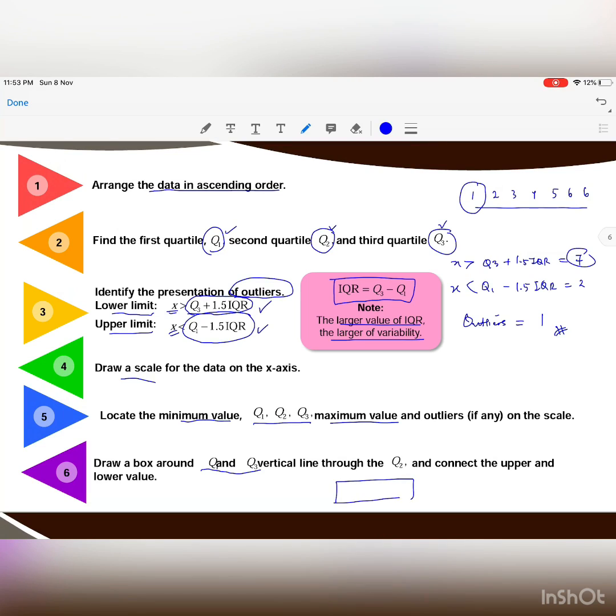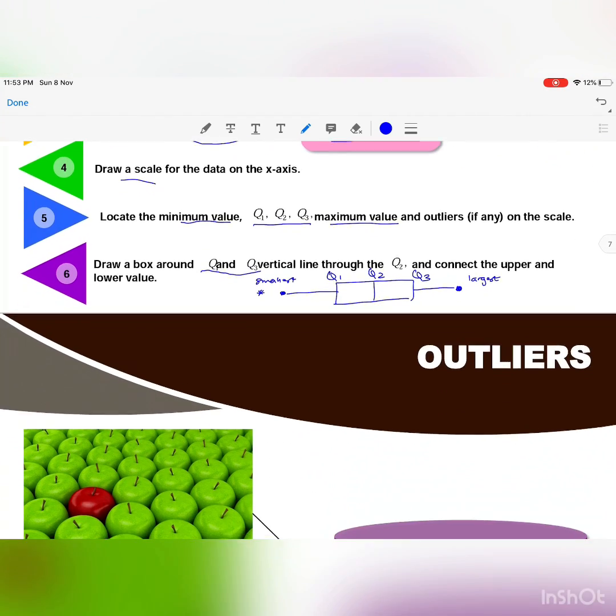As I mentioned before, the box is only from Q1 until Q3, and in between Q1 and Q3 is Q2. So we have the smallest value and the largest value, and we connect them with the line. If we have outliers, put the star.